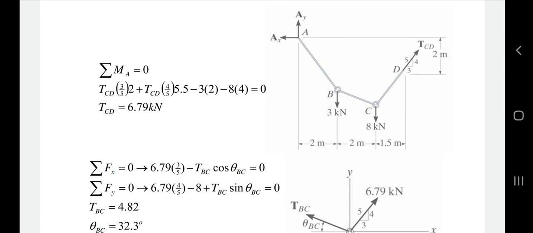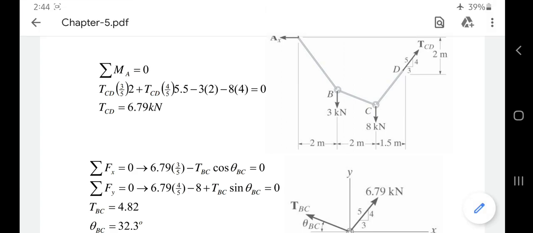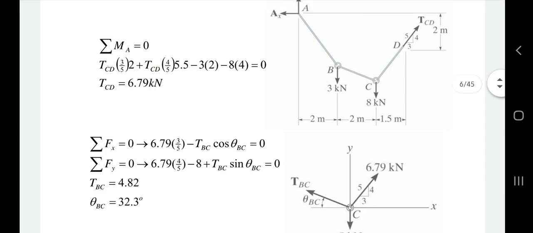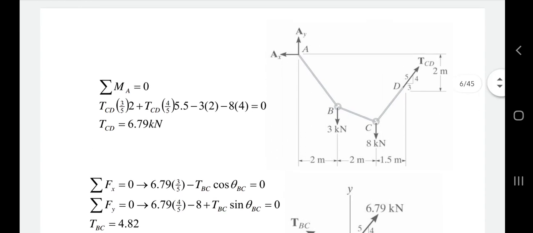TCD cos theta will be the x component in this direction, and its vertical distance up to the point A, which is perpendicular to the vector, will be this, and that is 2 meters.